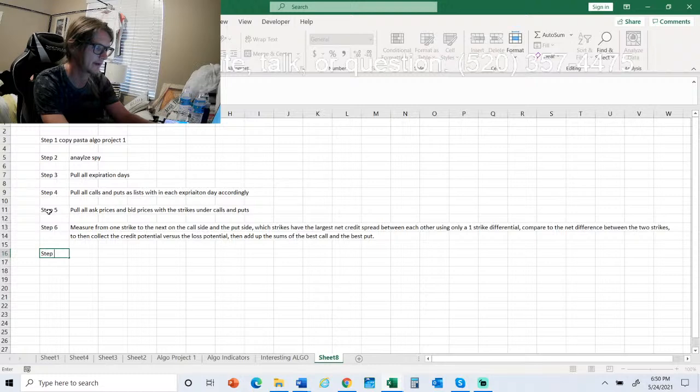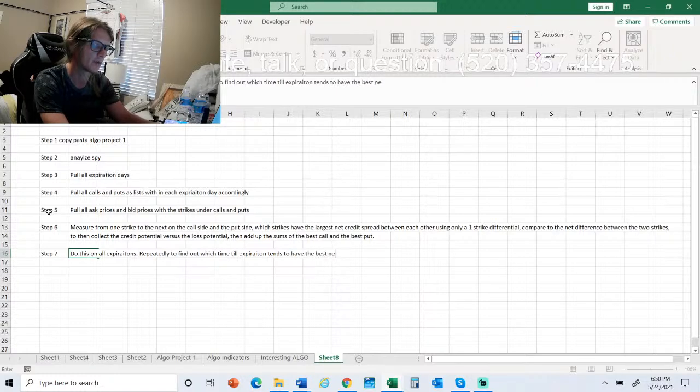Okay. Step 7, do this on all expirations repeatedly to find out which time till expiration tends to have the best net results as starting the trade in an option with X number of days till expiration.